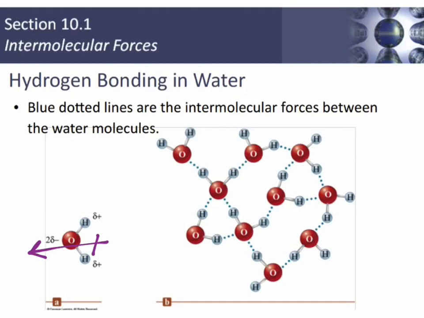And if you look at this whole molecule, all these hydrogens and oxygens, these water molecules, you can see that between the hydrogen and the oxygen, that is our intramolecular bond, whereas when you have these dots here, that is our hydrogen bond, or our IMF.